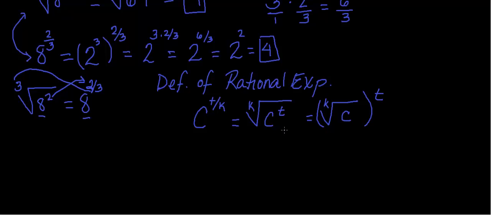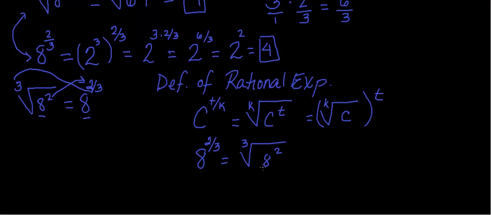Now let's do this in numbers, because I know with letters it's not easy to understand. This is what it means. If I have, let's take this same example, 8 raised to the 2/3 power, that is going to be equivalent to having the denominator be your root, the radicand will be your 8, your base, and the 2 in the numerator is your exponent.